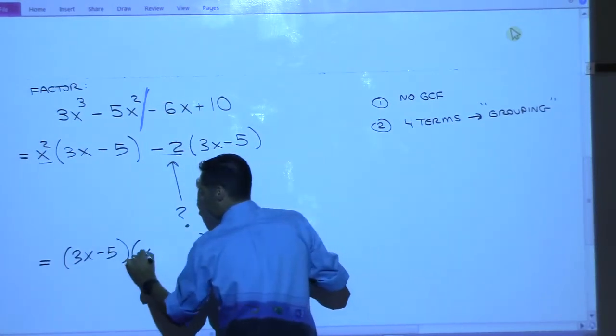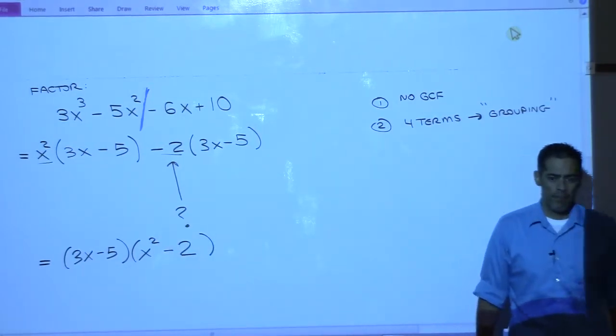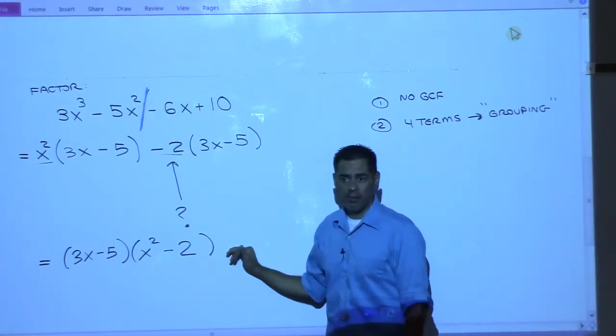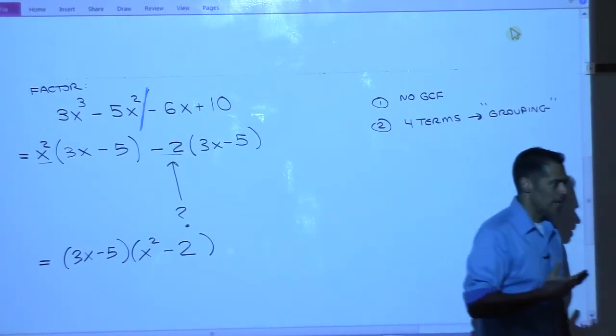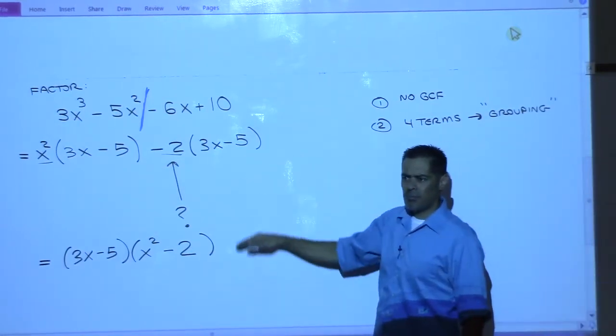So in this case, it would be x squared minus 2. All right? Now, a lot of times students are taught to do this, and there's really not a good explanation. Can anyone explain what I just did? A lot of you, like I said, can do that, but does anyone know why it went from this to this? No?